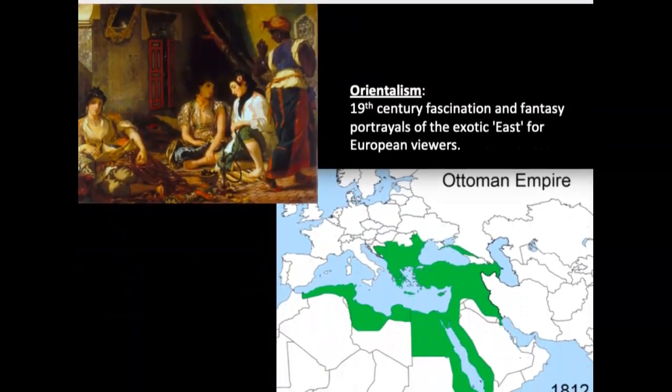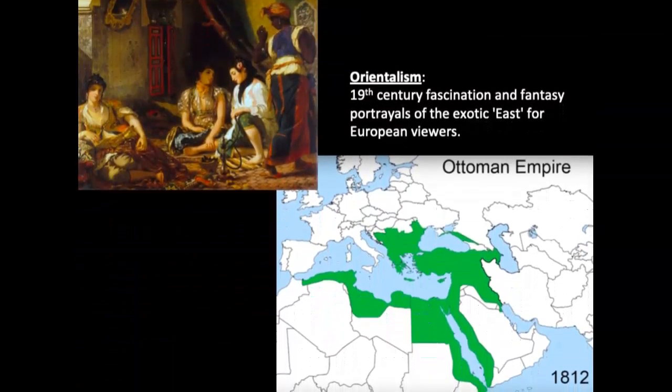The term for this fascination with the Ottoman Empire, or the exoticism of the Islamic world, is called Orientalism. And that is your next vocabulary word. Orientalism: the 19th century fascination and fantasy portrayals of the exotic East for European viewers.